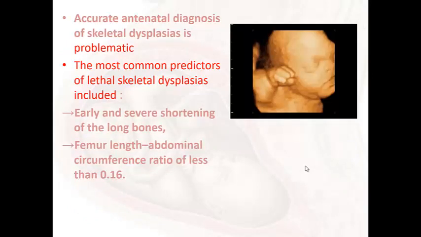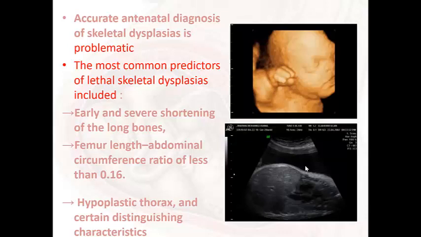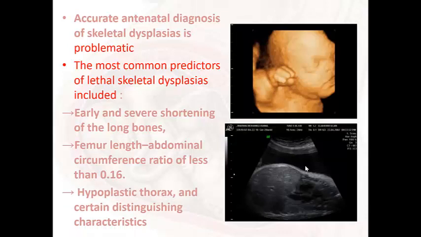Accurate antenatal diagnosis of skeletal dysplasia is problematic. The most common predictors of lethal skeletal dysplasia include early and severe shortening of the long bones, a femur length to abdominal circumference ratio less than 0.16, which indicates a severe form of skeletal dysplasia, and also the presence of a hypoplastic thorax.